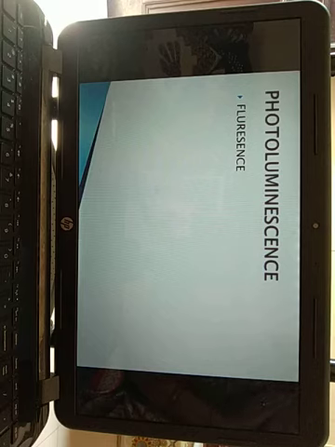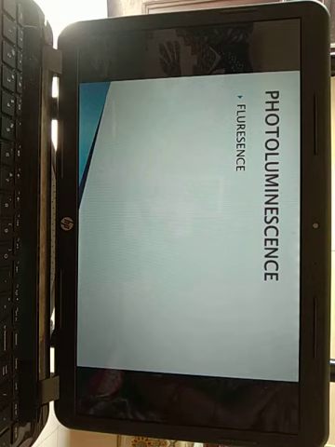phosphorescence. Fluorescence is the delayed emission of long wavelength radiation by the irradiated substance, which continues for some time after removal of the irradiation source. Chlorophyll shows mainly fluorescence.